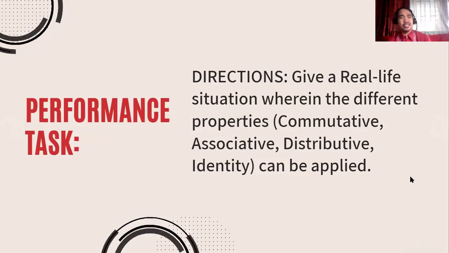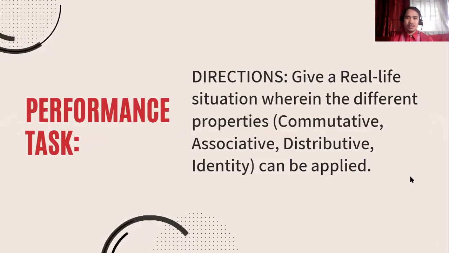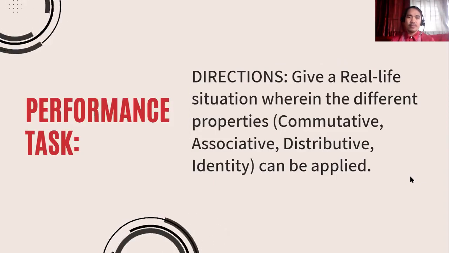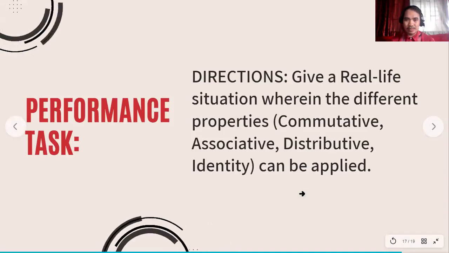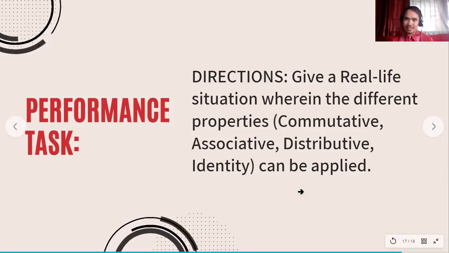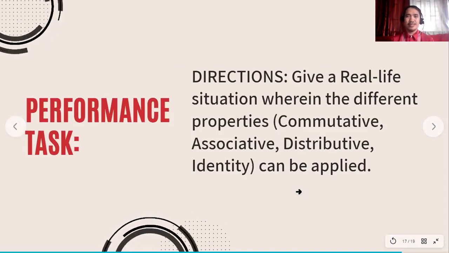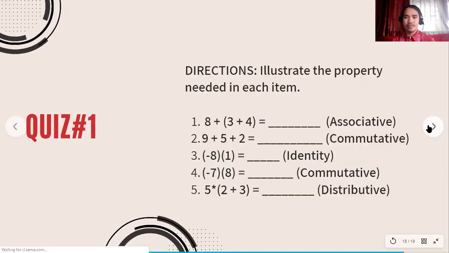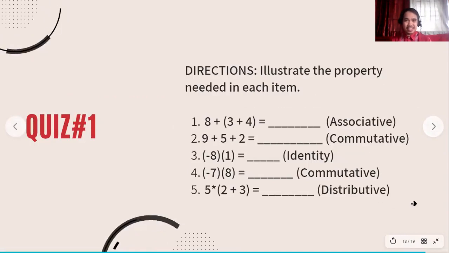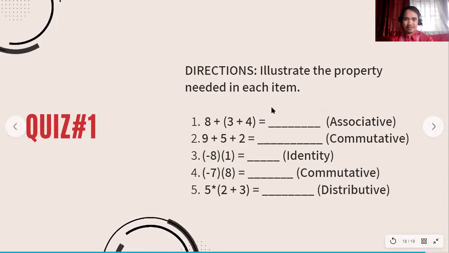You can submit this through a portfolio, an infographic, a poster, or a website. Any platform will do, class, okay? For your quiz, I would like you to illustrate the property needed in each item.